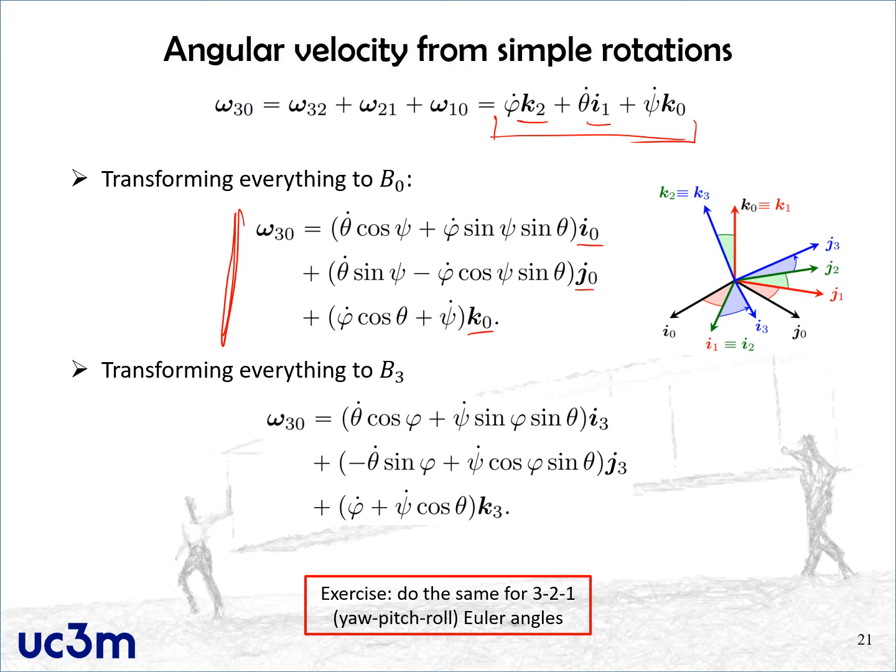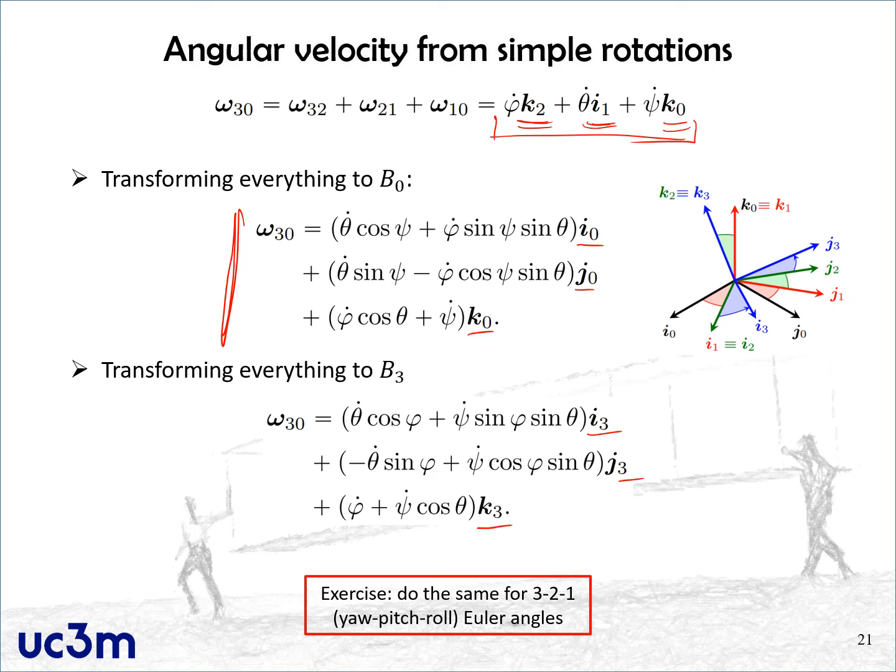This is useful for many problems, but in some cases, it will be more interesting to work not in basis 0, but in vector basis 3. So you can do the same thing in reverse. Instead of converting everything to basis 0, you convert these three vectors here to basis 3. When you do that, you get this result.